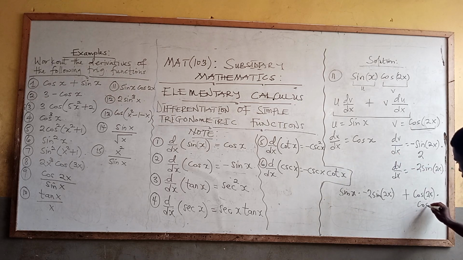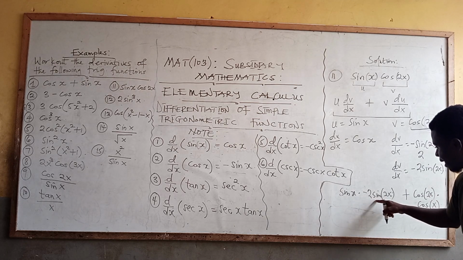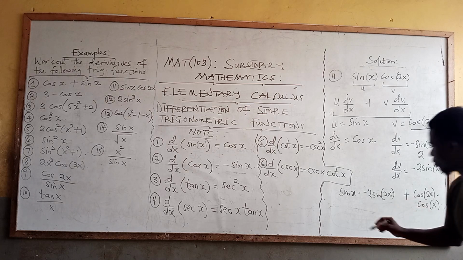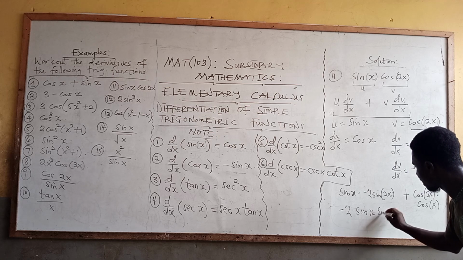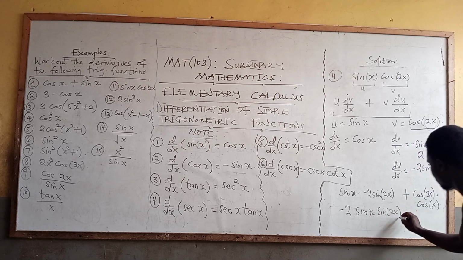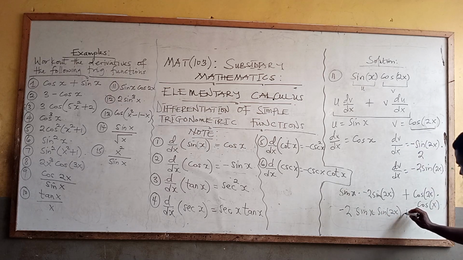So now, sine x times negative 2 sine 2x, we get negative 2 sine x sine 2x. Then this, we get plus cos 2x cos x.